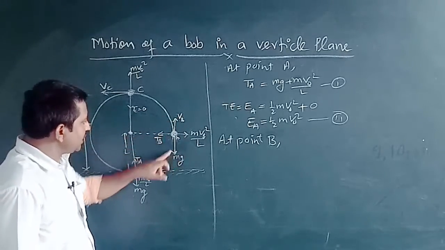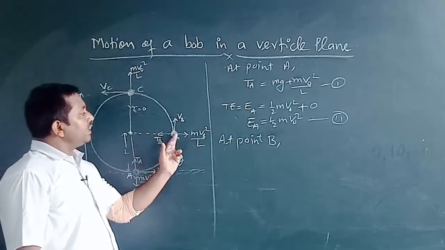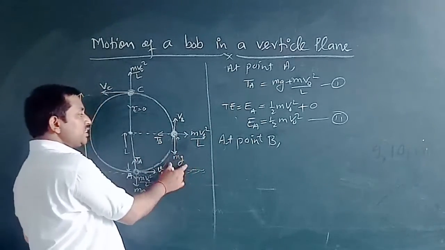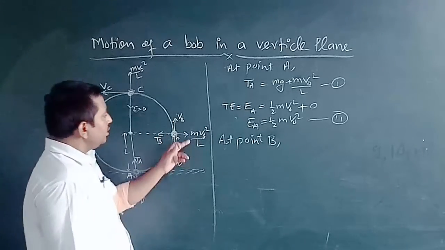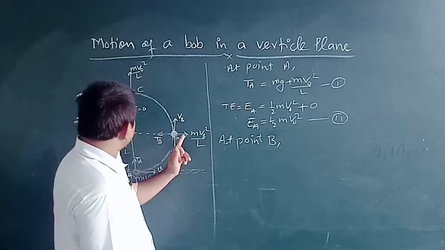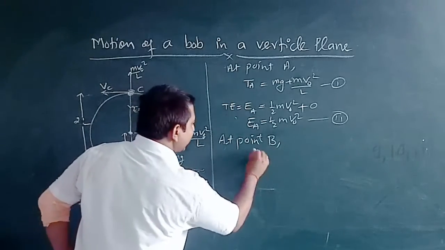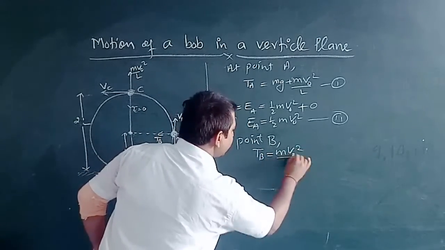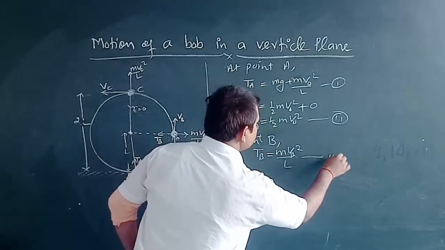So the component of mg is zero along the tension force and also along the centrifugal force. So we can write TB is equal to mv B square by L. This is the third equation.